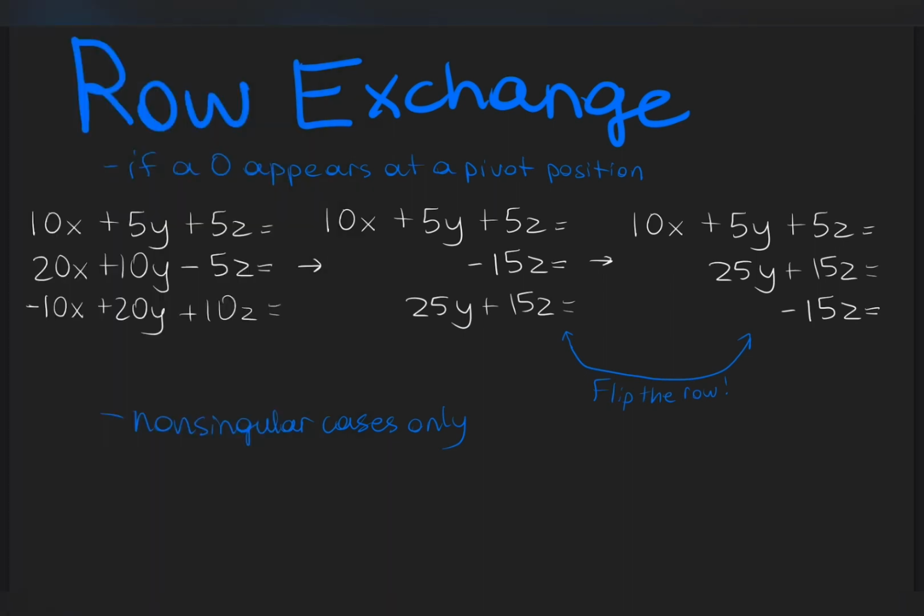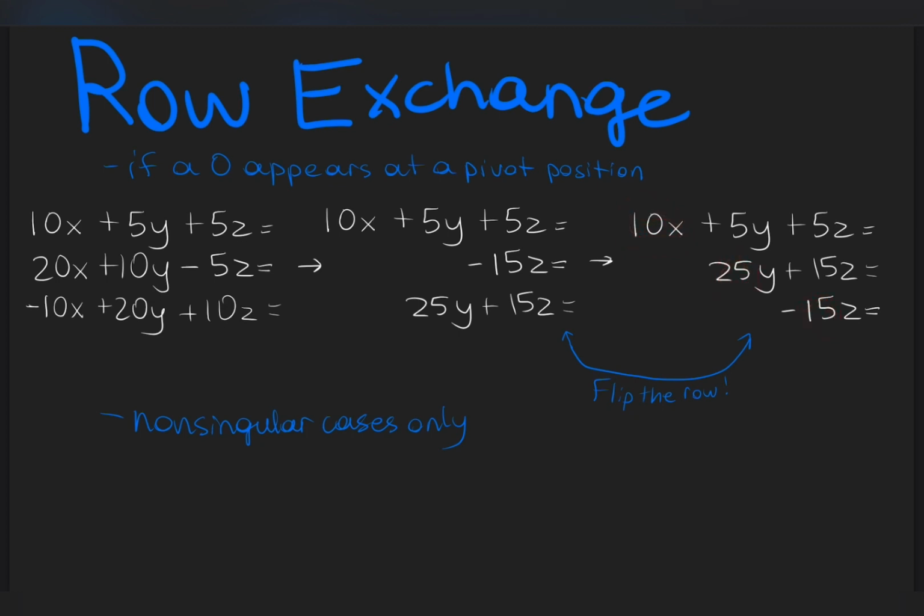Don't pay attention to how we got there for now. This system over here, the pivot positions would be 10, 25, and -15. In a triangle shape, you would take the leading coefficient and call that the first pivot, the second pivot, and the third pivot. Okay, so what do we do if a 0 appears in the pivot position?